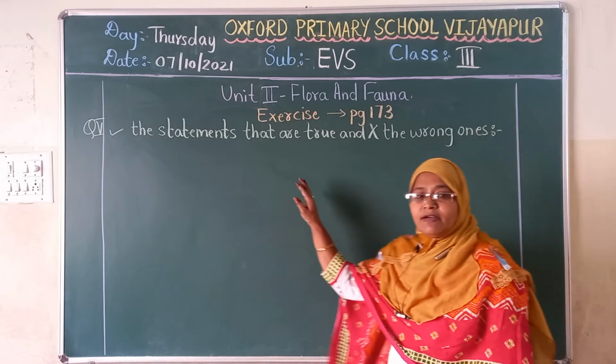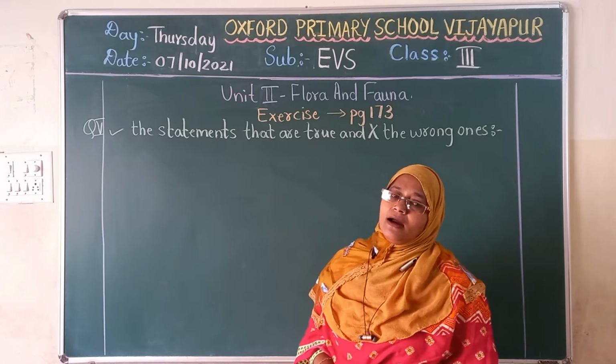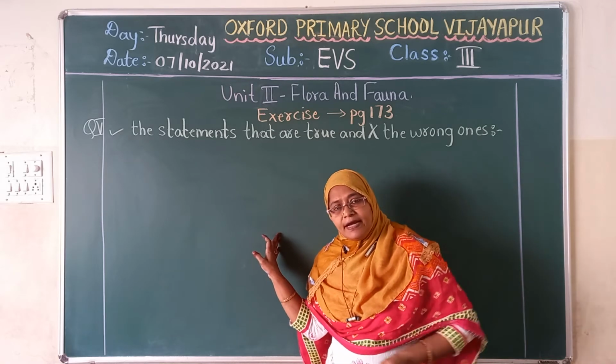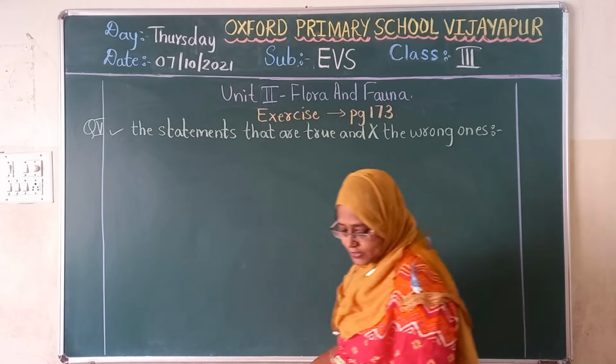Now see children, I will write all the sentences, we will read the sentence and then we will write the answer. So I will write it, you just copy from me. Okay? Write the first one.